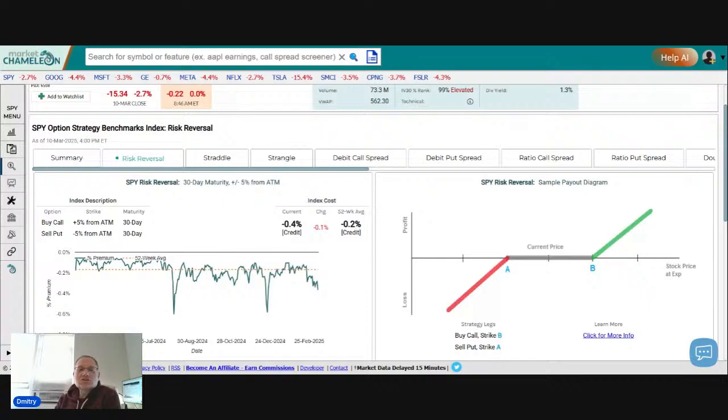Let's say for this example, we pick strikes that are 5% above the money for the call and 5% below for the put. Well, the other issue is that we're not always going to find an exact strike 5% above or 5% below. Strikes don't get listed that way.